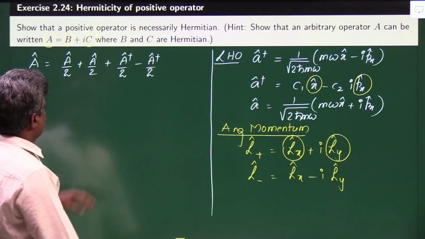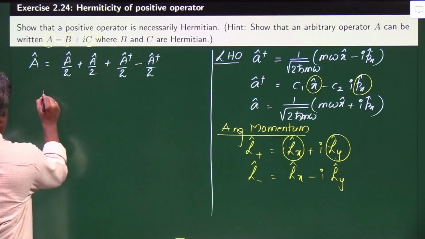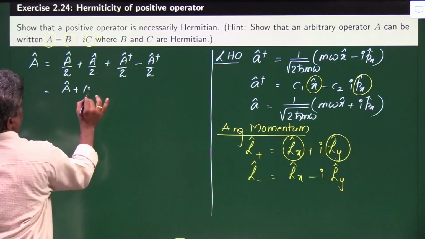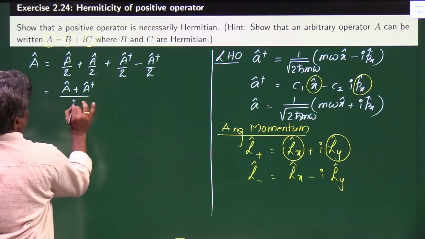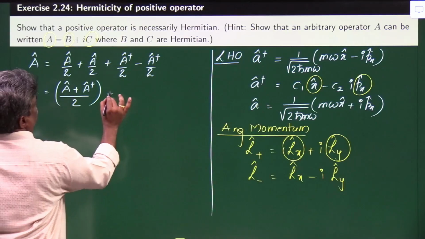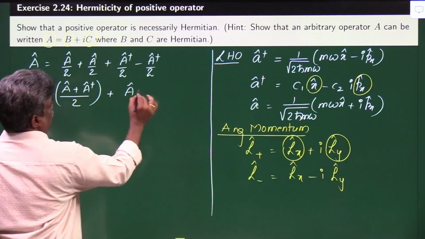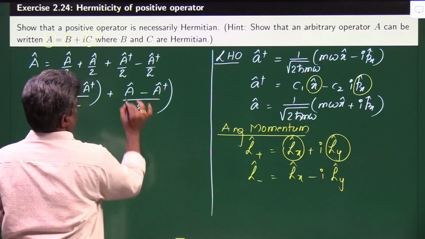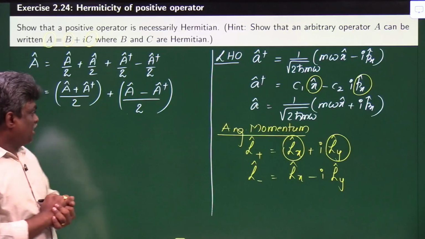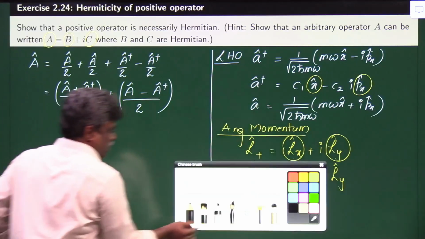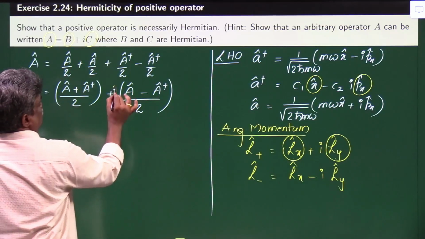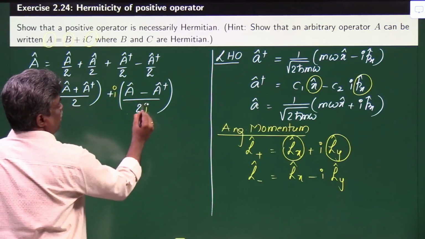Fine. Now I'm just rearranging this. A plus A dagger by 2 is one term, and plus A minus A dagger by 2 is another term. Next, since we want to get this iota, I'm multiplying by iota here and one more iota here.